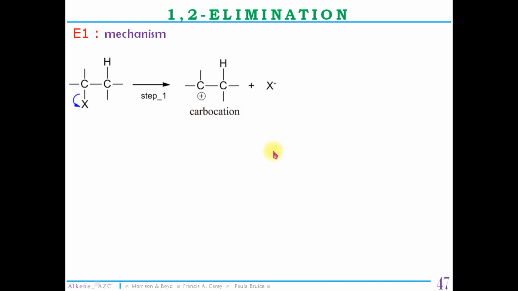In the second step, the base will abstract this hydrogen, where the bonded electrons are transferred to carbon, which gives alkene as product. Of these two steps, the first step is slower than the second step.